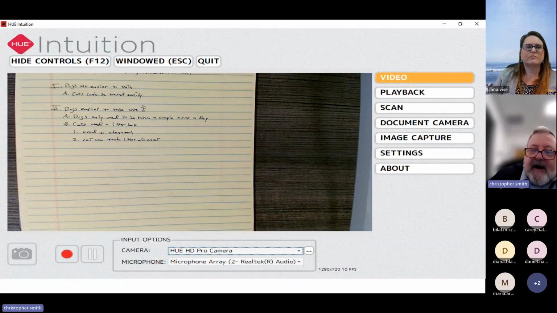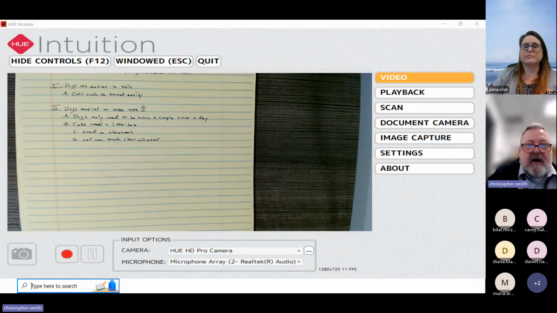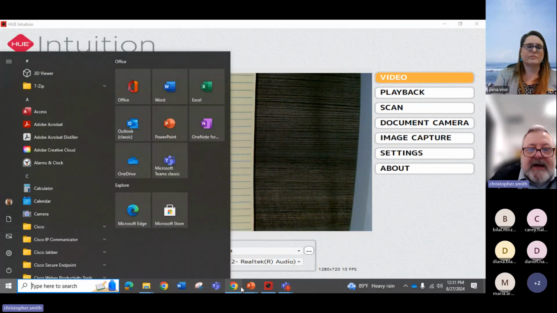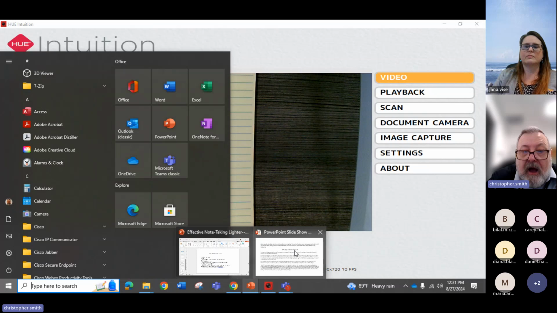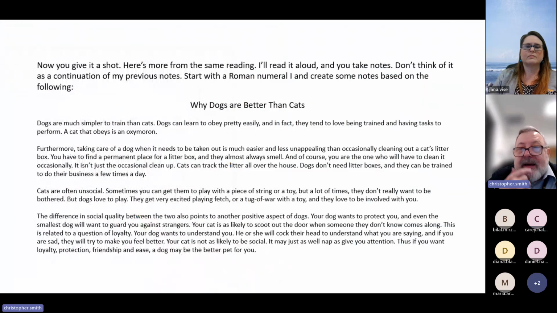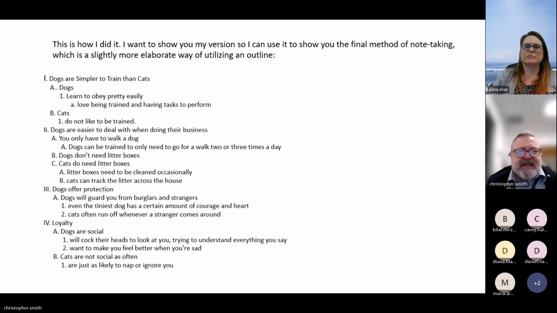There is a final method of note taking that I want to point out to you that is somewhat a continuation of the outline method. So I'm going to show you a full outline that I wrote for this second reading to prepare you for it. Dogs learn to obey pretty easily, love being trained and having tasks performed.